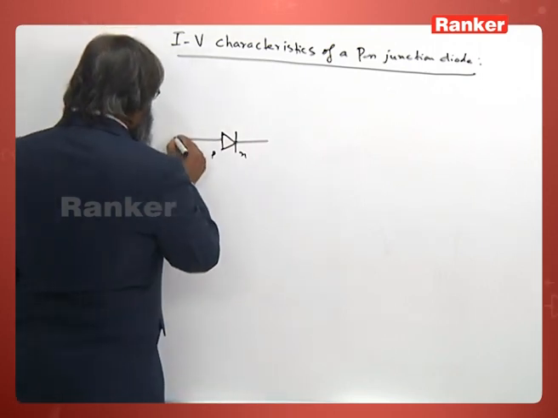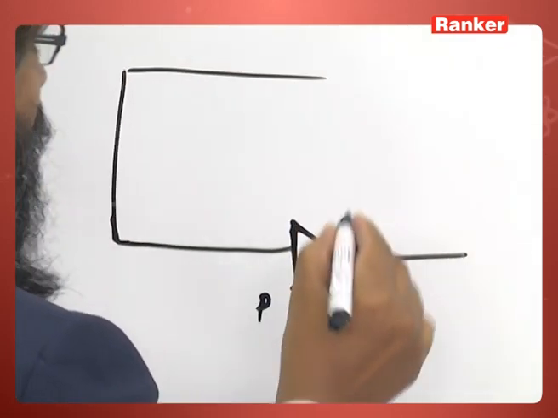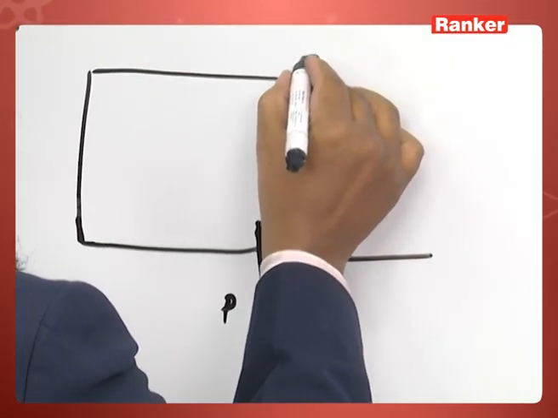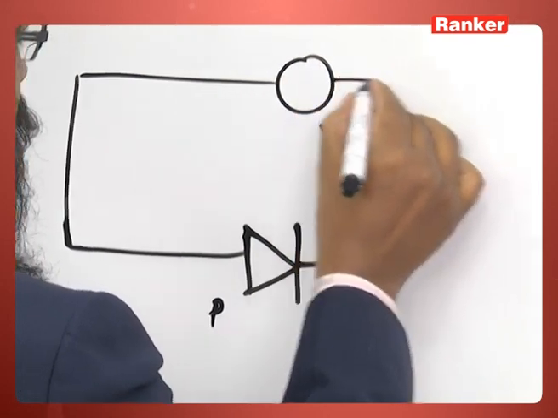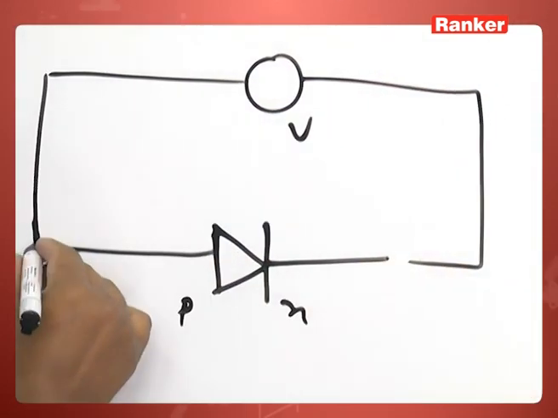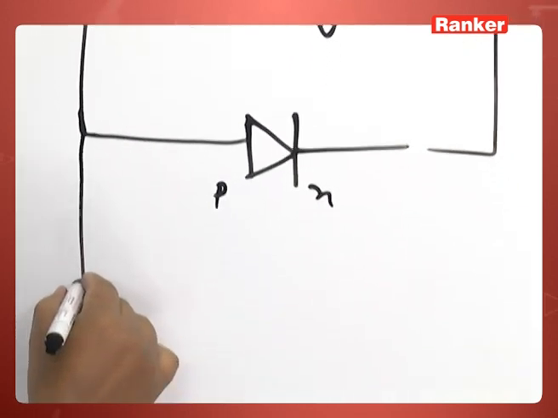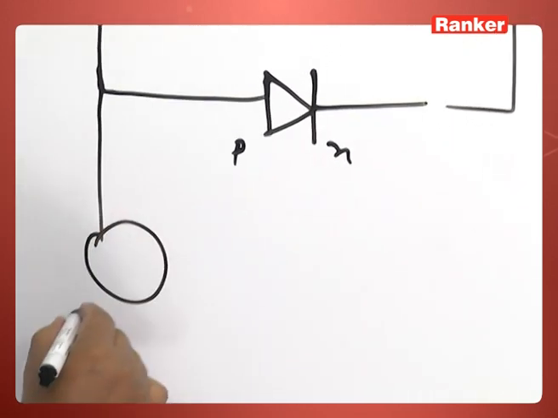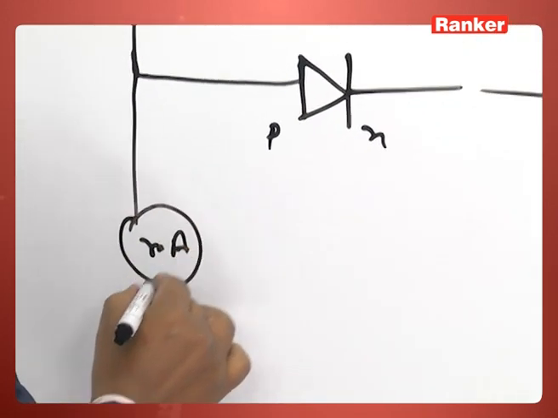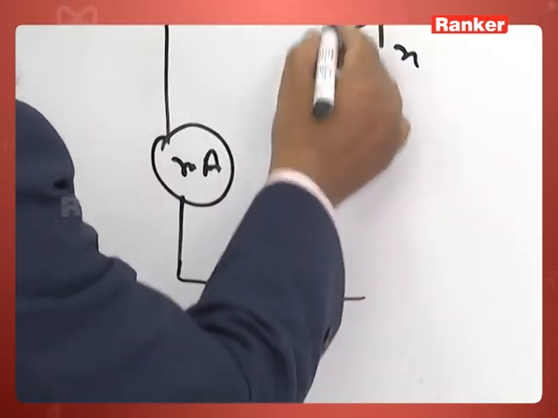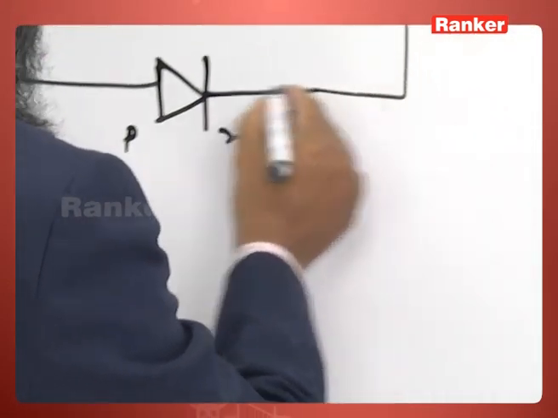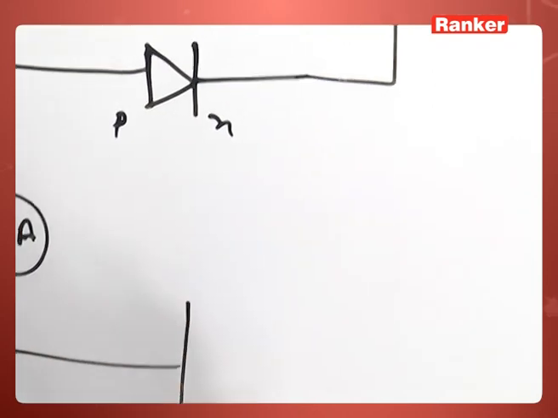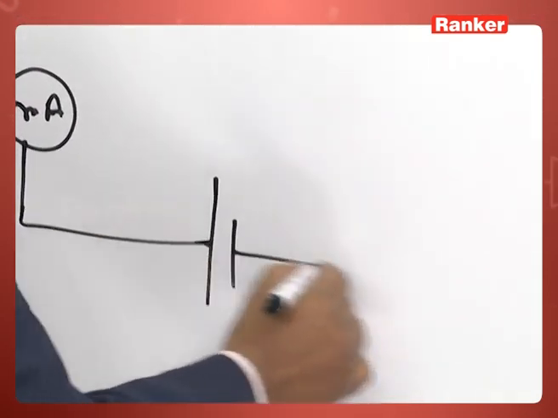So this is the PN junction, and the voltage across it can be measured with a voltmeter. This is the voltmeter connected. And now we connect a milliammeter here to measure the current. Now this is your forward biased, so P should be connected to the positive terminal.